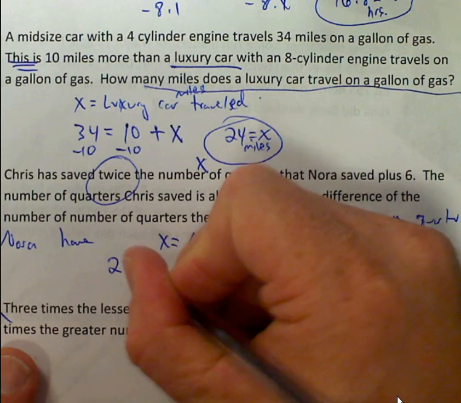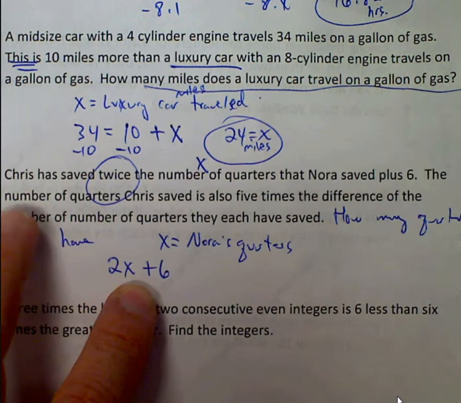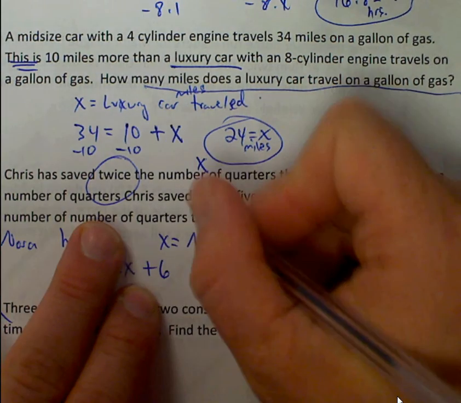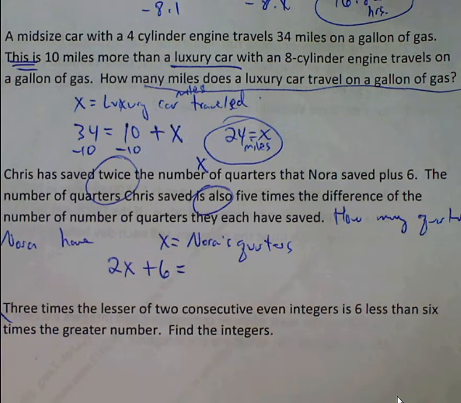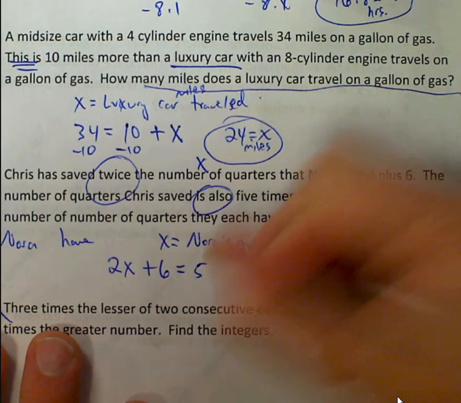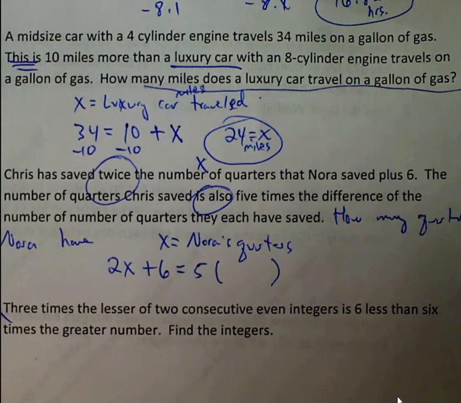So 2 times Nora's quarters, that's my x, plus 6. The number of quarters Chris saved is also means equals, because it's the same as 5 times the difference. Difference means to subtract, but I need parentheses. Of the number of quarters they each have saved.